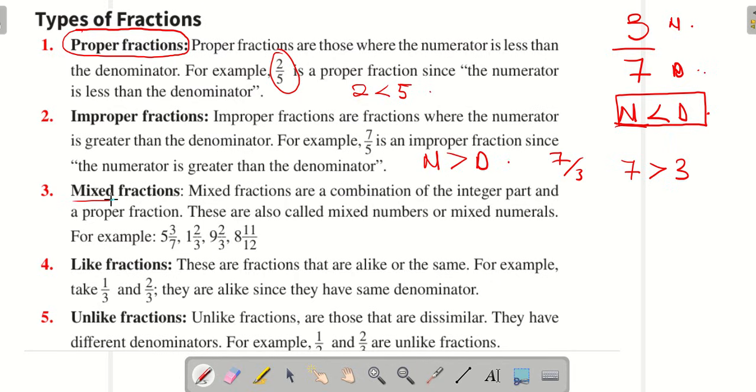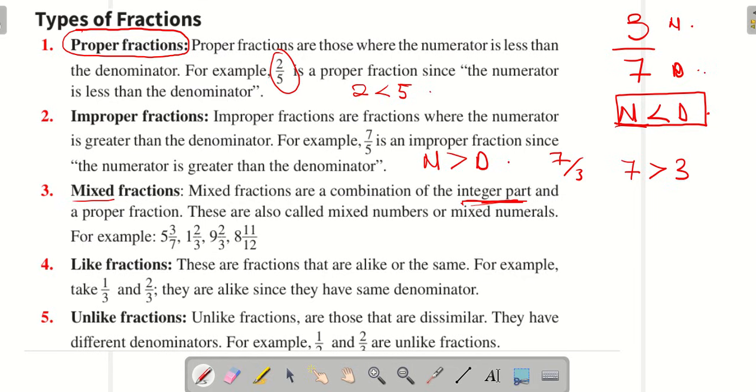So we have mixed a whole number with a fraction, and when that happens, the fraction is called a mixed fraction. Mixed fractions are a combination of the integer part, that is a whole number, and a proper fraction. These are also called mixed numbers or even mixed numerals.